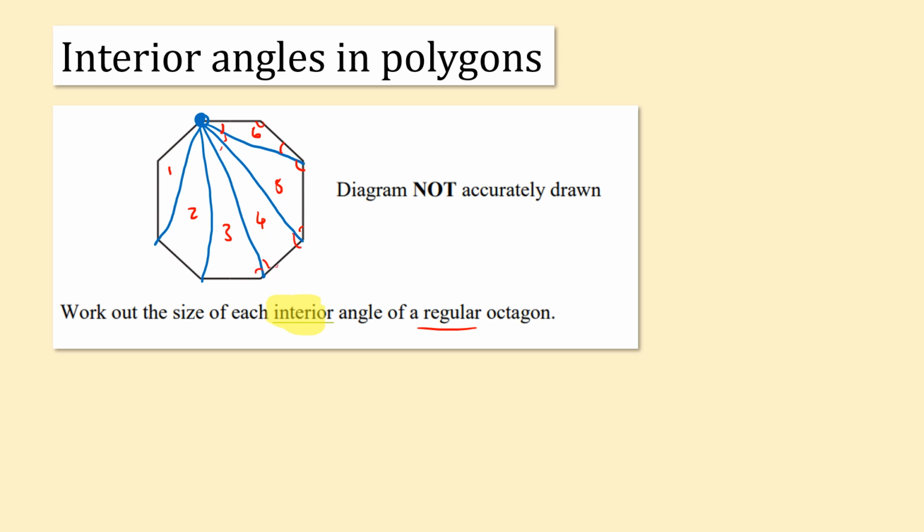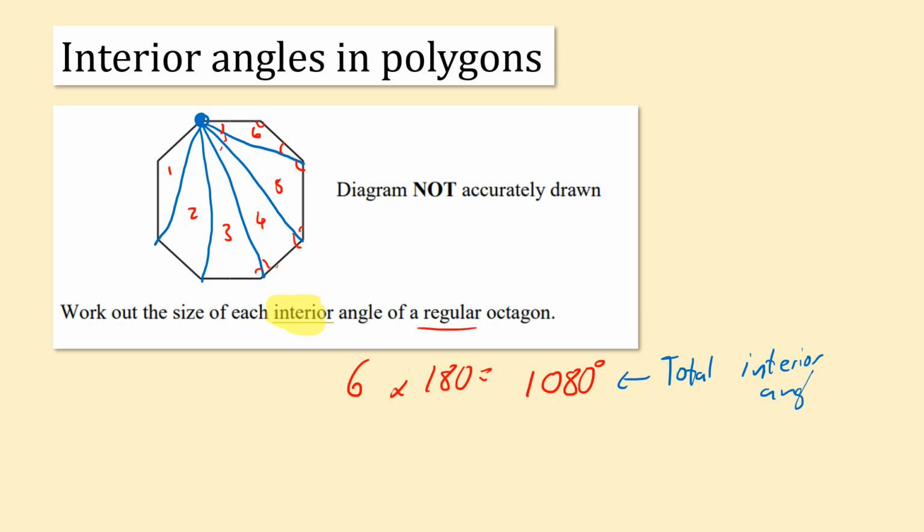So I could draw on all the angles. Every triangle has 180 degrees worth of angles in it. So I've got 6 triangles, and each triangle is 180 degrees. So if I do the calculation, 6 times 180, it gives us 1080 degrees. That is the total of the interior angles.